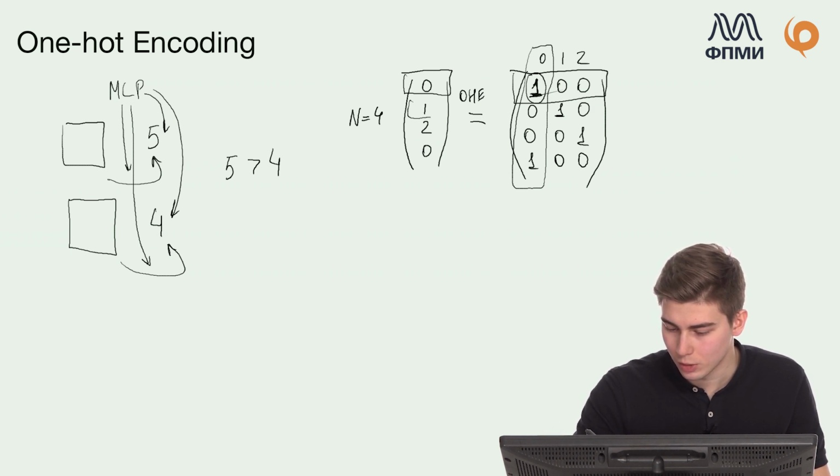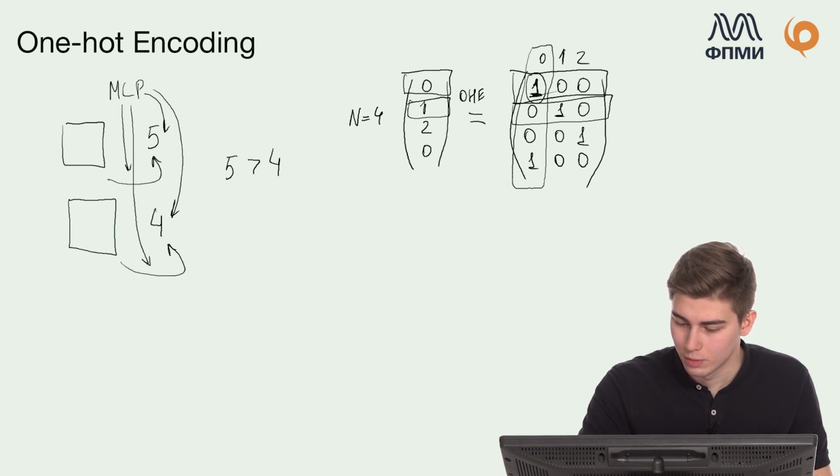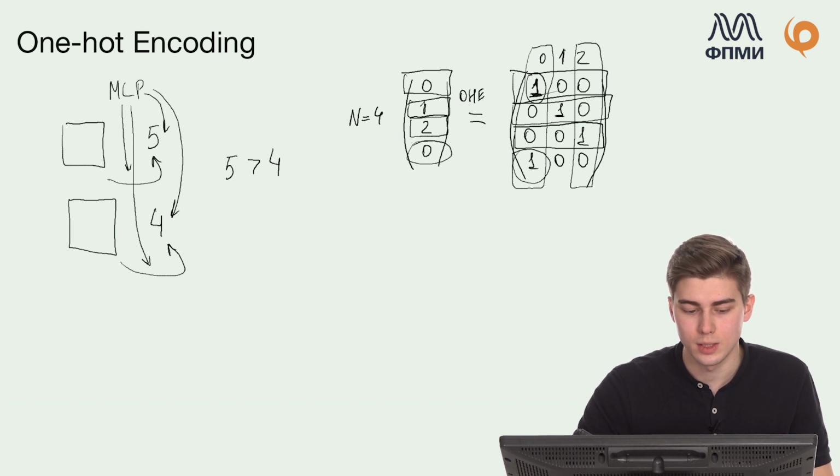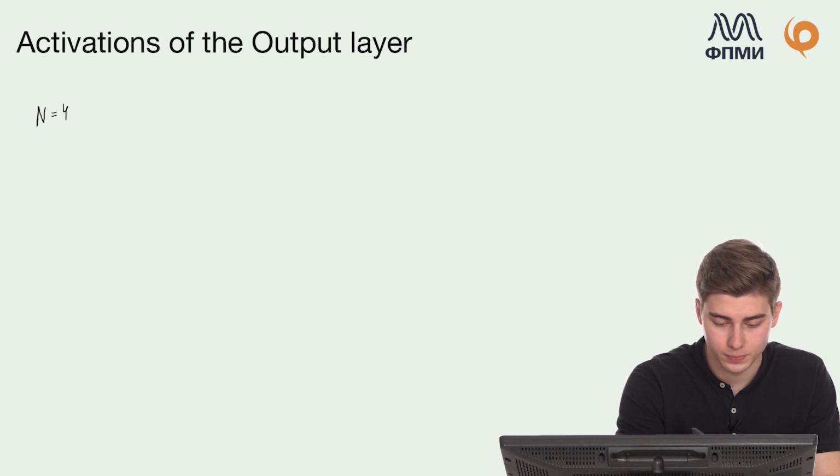For the second object, we have the label 1, and we put 1 in the column number 1. For the third object, we have the class label number 2, and we put 1 in the column number 2. So for this object, we'll have the 1 in the column number 0. So this is the one-hot encoding. So we have one-hot encoded our labels.